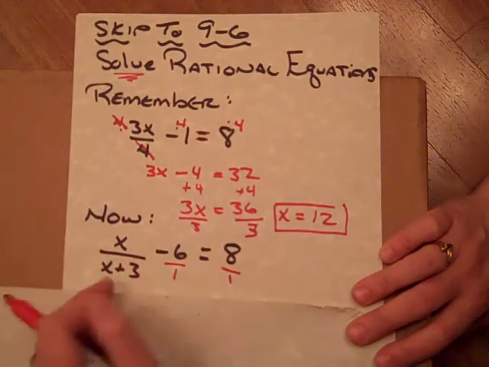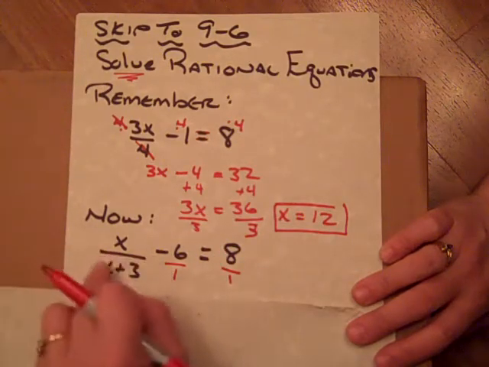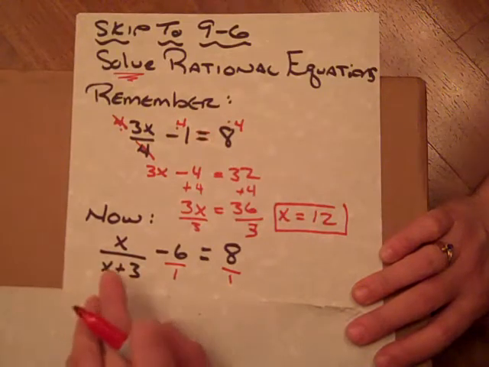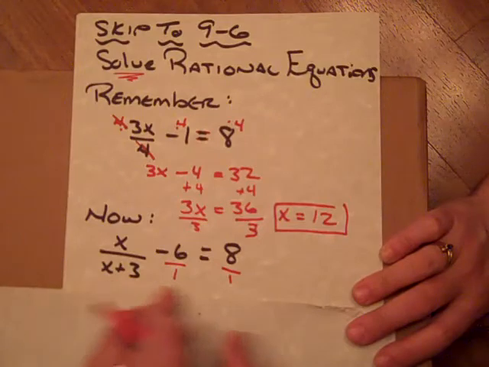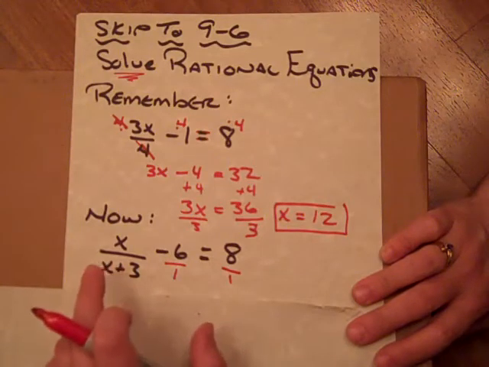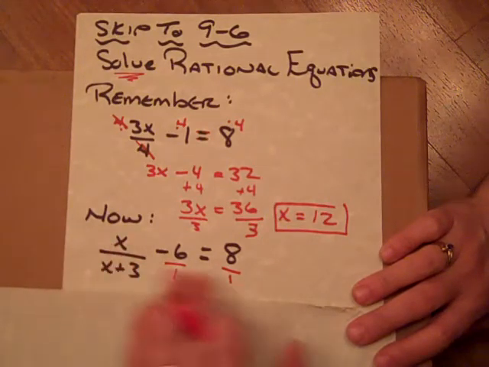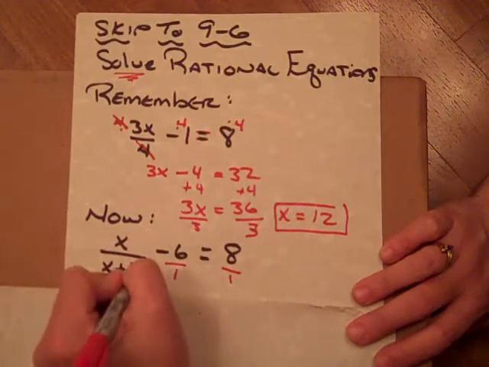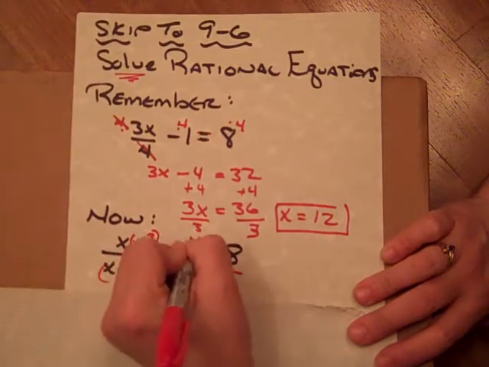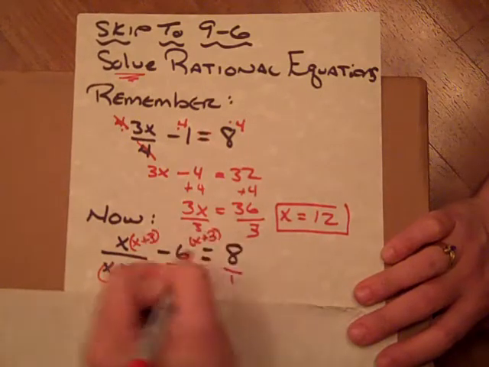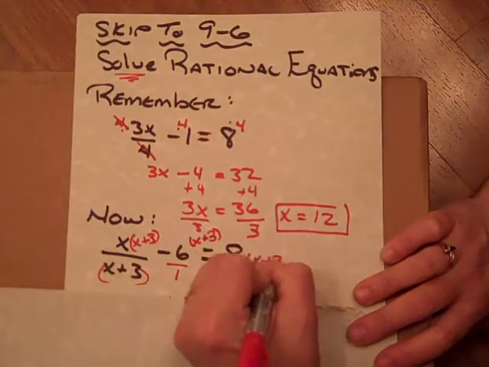To solve this, I have to multiply through by what would have been the common denominator, which in this case, because the only denominator I have is x plus 3, that would be my denominator. So I need to multiply through. Instead of trying to get a denominator, I'm going to multiply through by x plus 3. And using parentheses is imperative.